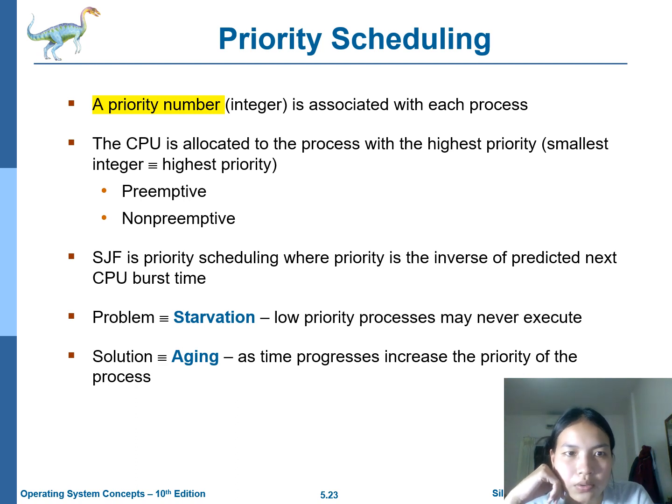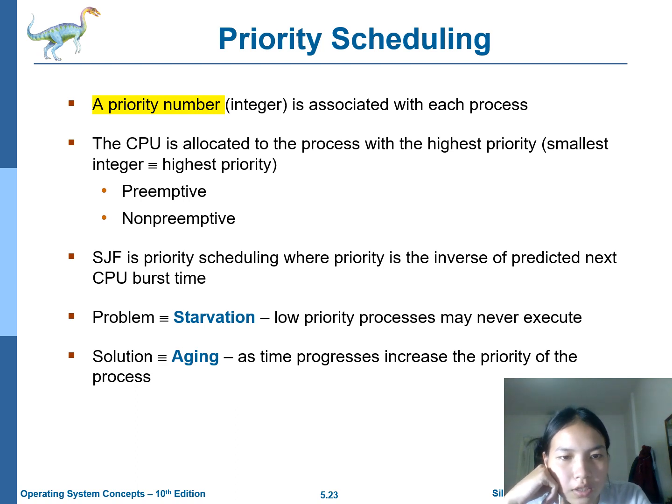Priority scheduling. A priority number, an integer, is associated with each process. The CPU is allocated to the process with the highest priority. It can be preemptive or non-preemptive.